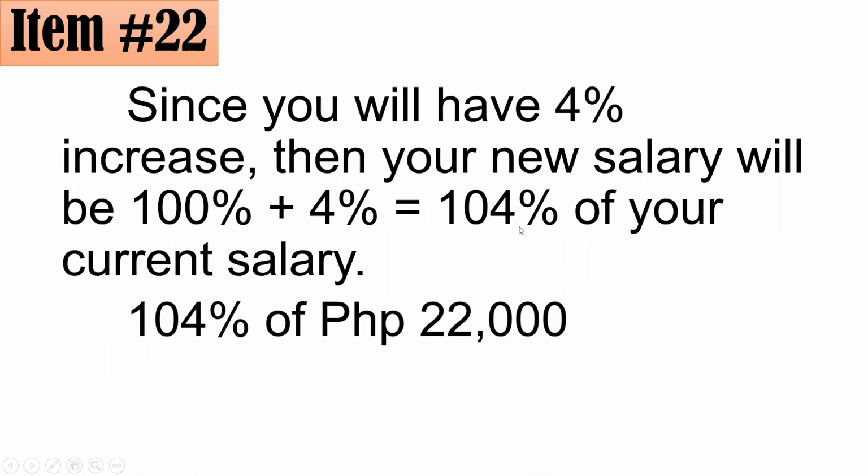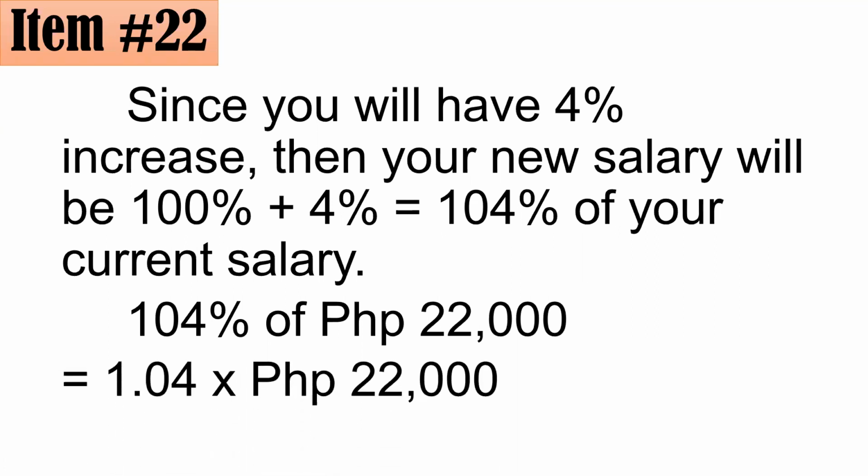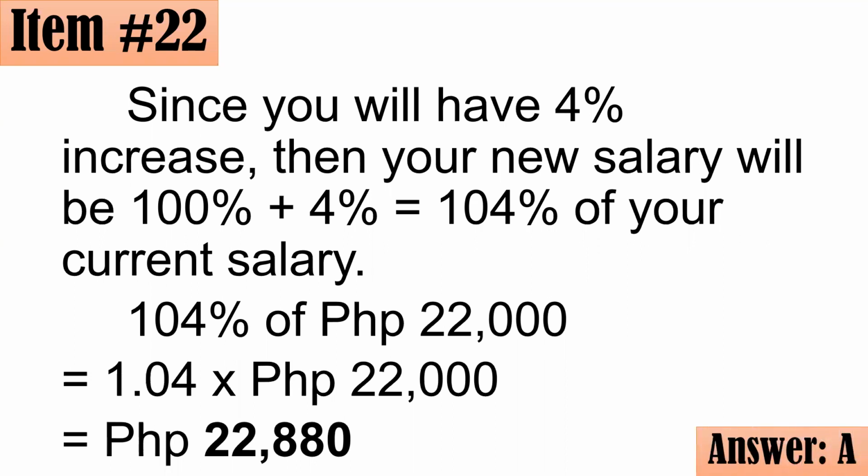So we will now solve for 104% of 22,000. I agree with you, Sir Chad, yung 1.04 po. If we convert this to decimal, you divide by 100, then you will get 1.04 times the salary of 22,000, and with the aid of your calculators, it's actually 22,880 pesos. So the correct answer is letter A.